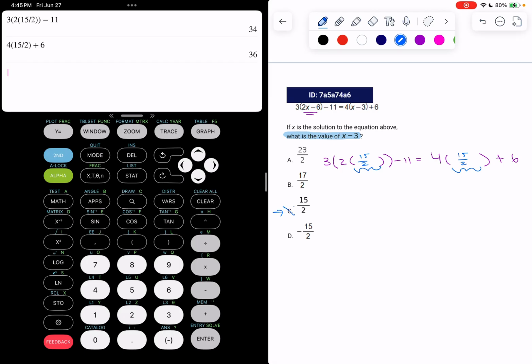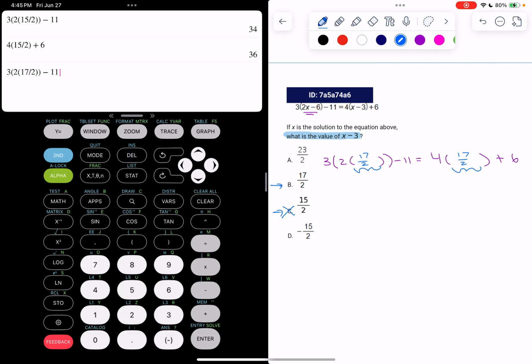So let's cross this out. I think it's really hard to tell here whether I should go bigger or smaller. So I'm just going to pick a direction and go. It seems like my positive ones are pretty close together. So let me try another positive. Let's try 17 over 2. So we'll change that little 5 to a 7. If I have a calculator that I can select and re-enter, I can just go back and edit this one to be a 7.